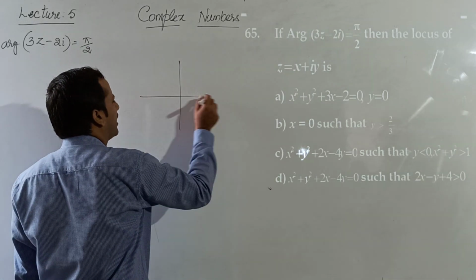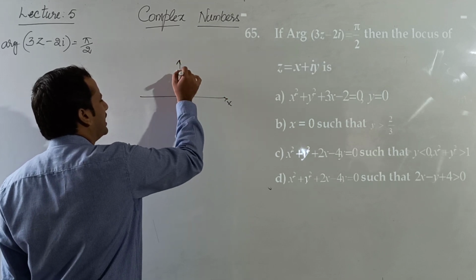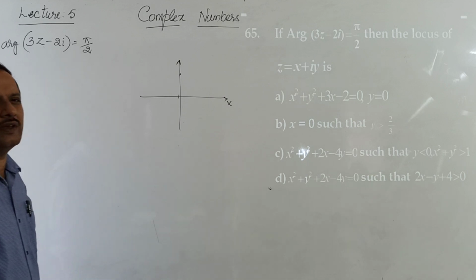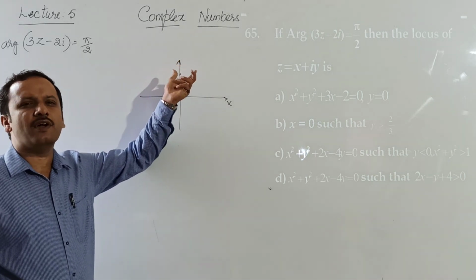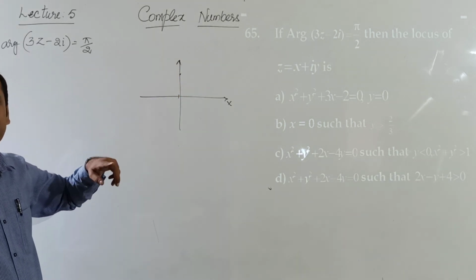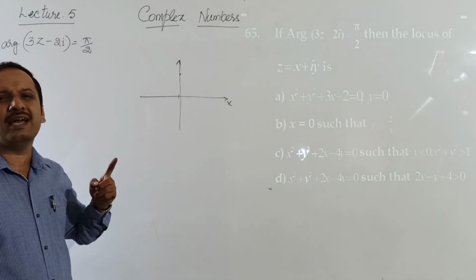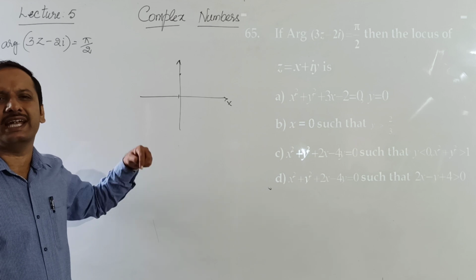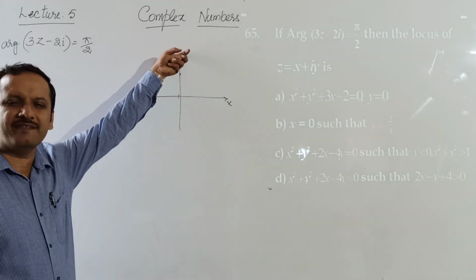Argument is nothing but the amplitude, which is pi by 2, means that the point lies on the positive y-axis, right? If a complex number lies on the positive y-axis, its real part must be equal to 0 and imaginary part must be greater than 0.